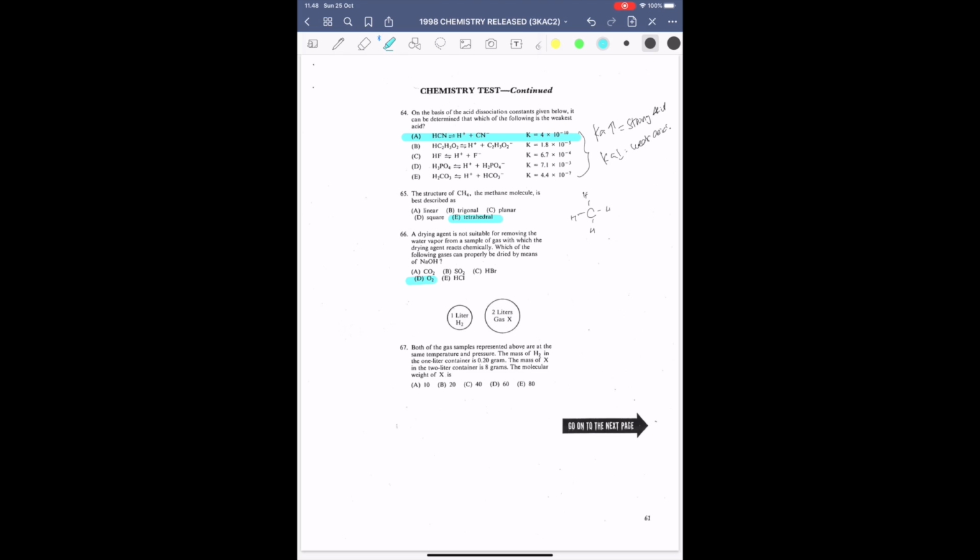Number 67. Both of the gas samples represented above. Here we know that 1 liter has 0.2 grams of H2 and 2 liters has 8 grams of gas X. If it's at the same temperature and pressure, all gases occupy the same volume, no matter how large or small their molar masses are.